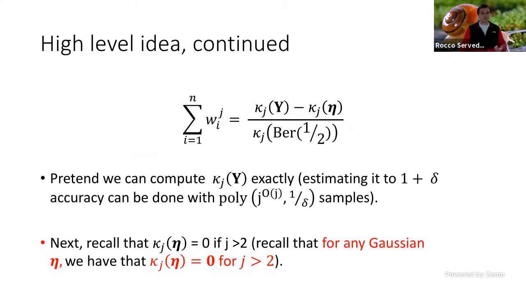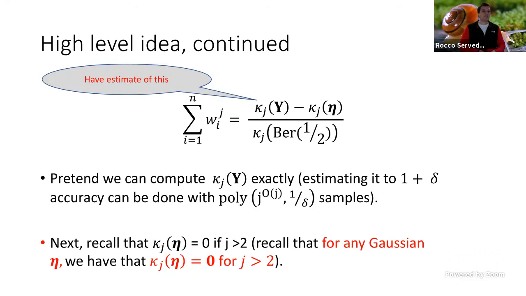So now you can imagine you're in pretty good shape. This is just the same thing as on the last slide. I can really come up with estimates, or in some cases I actually exactly know these quantities on the right-hand side. I have access to these labeled examples, these draws from the y distribution. For the Gaussian, if I assume that my noise is Gaussian, then these jth cumulants of the noise distribution are 0, so there's nothing to do there.